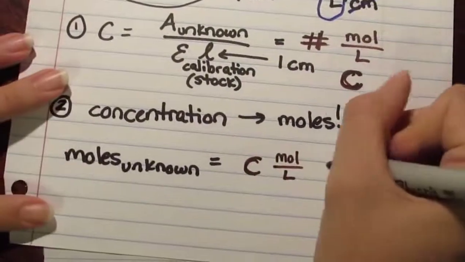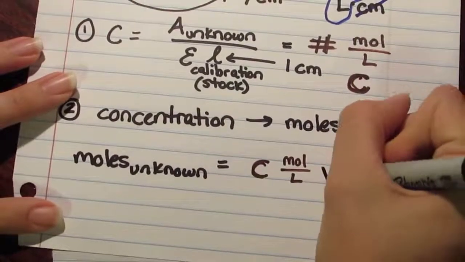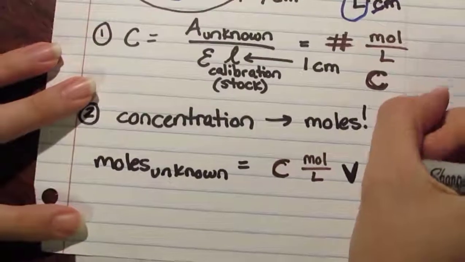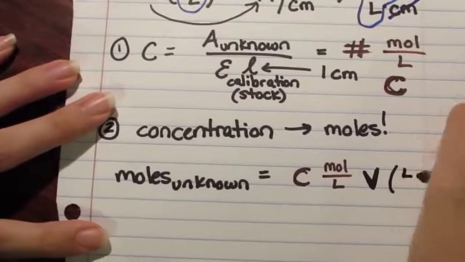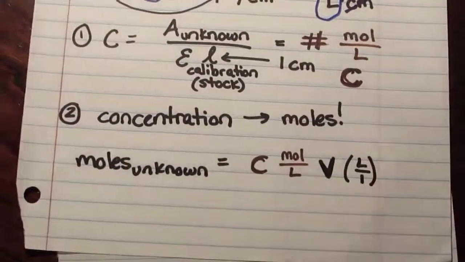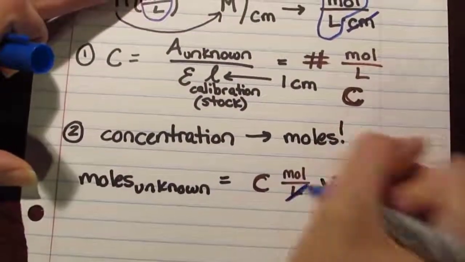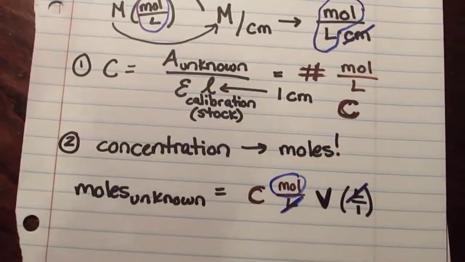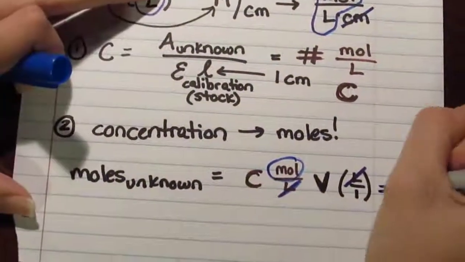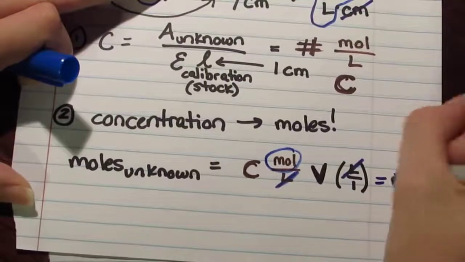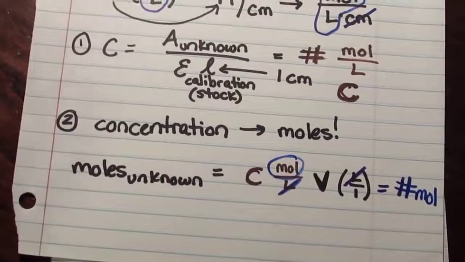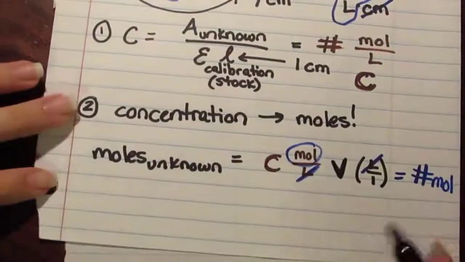And then if we multiply it by some volume, which you guys should know which volume I'm talking about, that would be in liters, or L over 1. I put L over 1 so you can clearly see that the liters cancel, and now we're left with moles. So now when we multiply these two numbers together, we should have a value that's only the moles of our unknown dye.